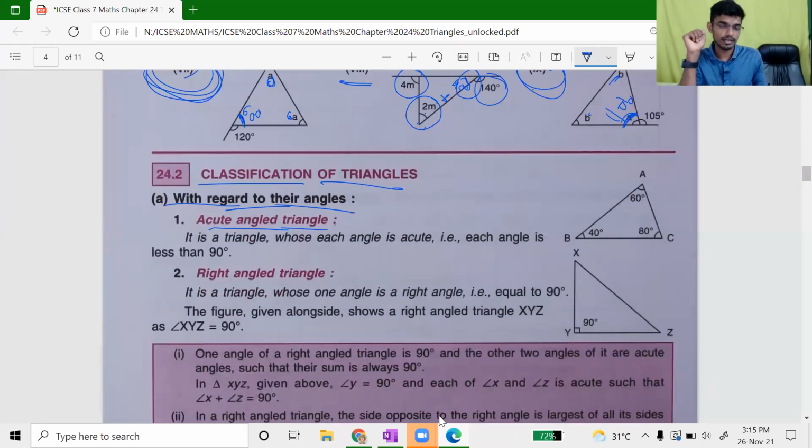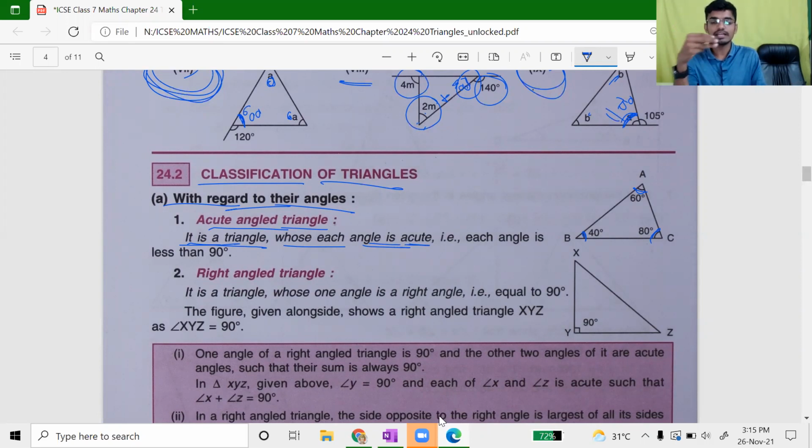In an acute angle triangle, all the angles are less than 90 degree. Less means smaller. Right, perfect. So it is a triangle whose each angle is acute. Acute means below 90 degree. Yes or no? Yes, sir.